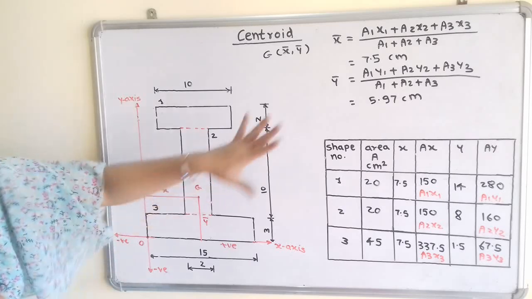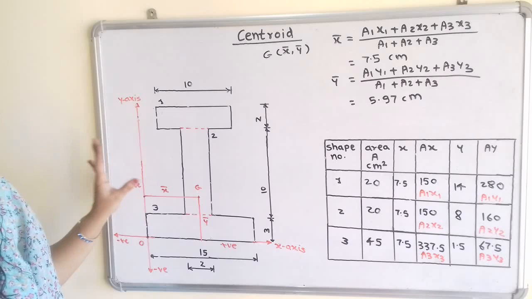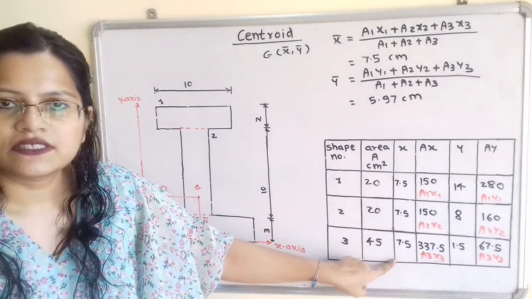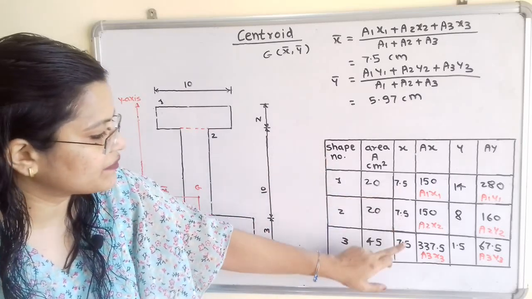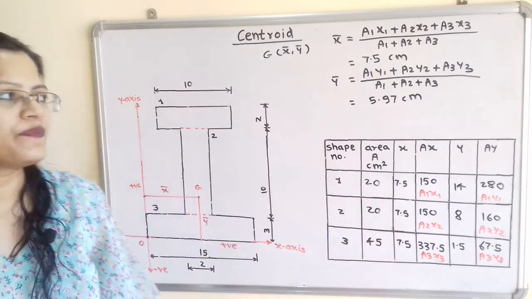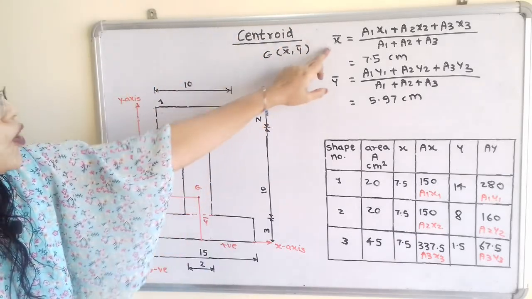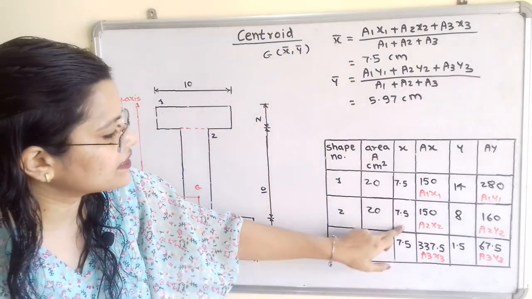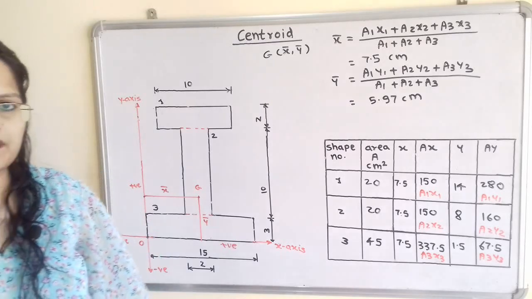Now from this calculation we can conclude for this symmetric diagram. If we observe, all the values of x for all the shapes are the same: 7.5, 7.5, 7.5. Also the value of x bar, that is the coordinate of the centroid G, is also the same and is equal to x, that is equal to 7.5 centimeter.